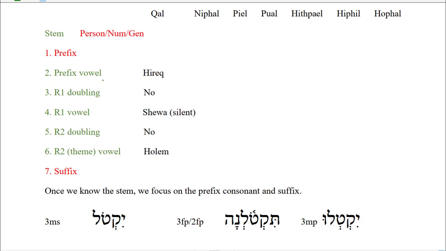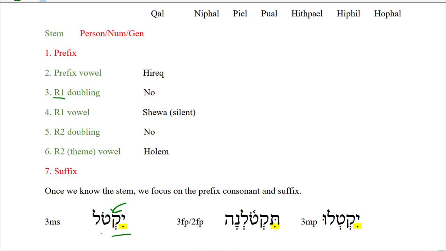We looked at the prefix, now we'll look at the prefix vowel. Notice that for the cal form, the prefix vowel is a hireq. And notice that that is the same for all of these forms. And in fact, as we look at the complete list, we'll see that except for one where there's a guttural that decides it wants a different vowel, mainly it's hireq as our prefix vowel. Then we check our first root letter, R1, for doubling. And that would be right here for this one, the kof.